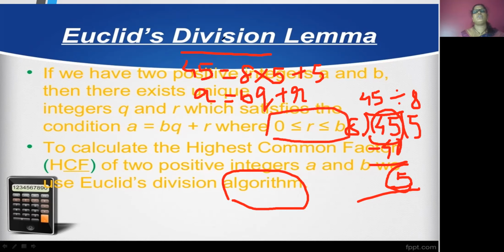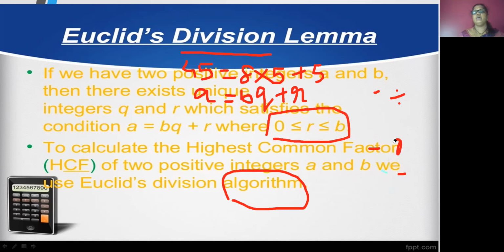What is the condition here? The condition is that 0 is less than or equal to R, and R is less than B. Why do we have to write the condition? Just now I gave you one example. When we divide 45 by 8, you got quotient 5 and remainder also 5.